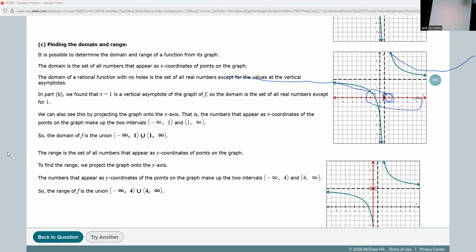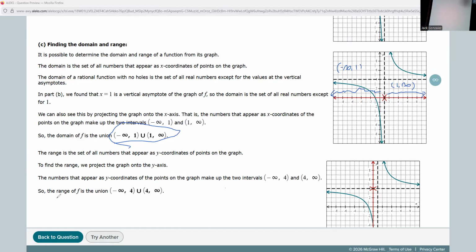The way you would write it is from negative infinity all the way until 1, going to the left forever. And then after 1, we keep going, so everything after 1, forever. So that's where this comes from. We're basically working around the vertical asymptote. Remember, we said we can't cross it.